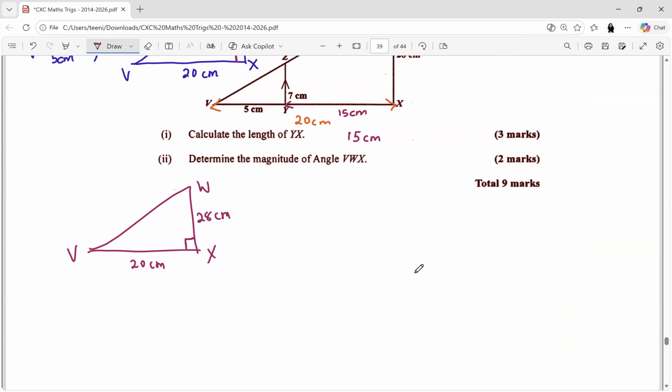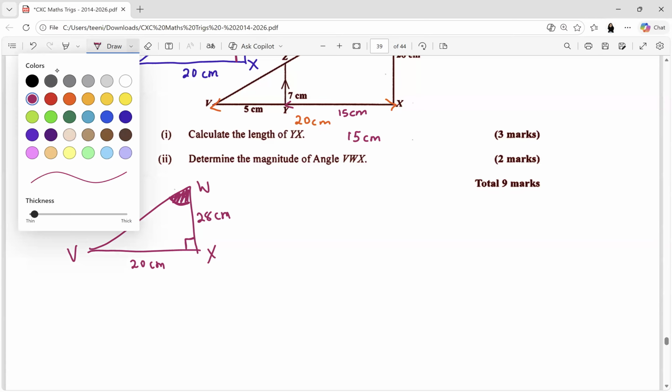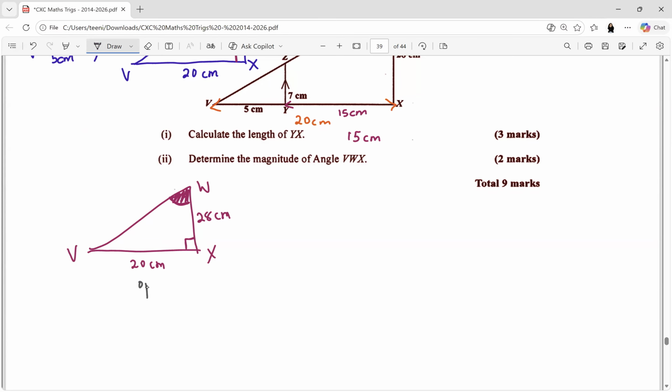Good. So if I want to find angle VWX, that's this angle up here, using my rules, VX will be the opposite side if this is your angle of interest, making this side the adjacent side. Because of course, VW is your hypotenuse. So the ratio that uses opposite and adjacent is tangent.